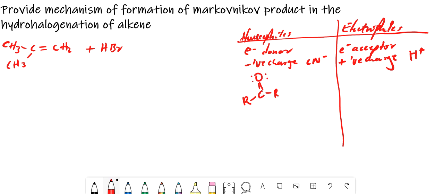Alright. So sometimes you can have a similar functional group with nucleophile and electrophile at the same time.